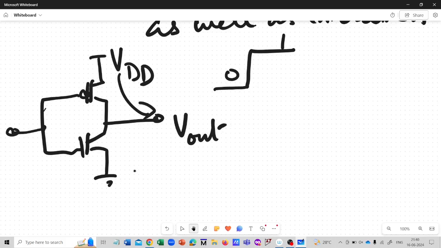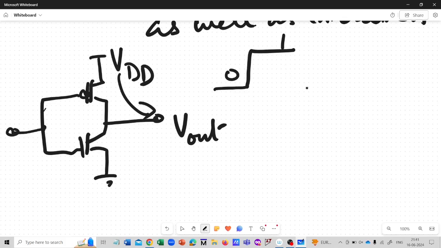This is what happens. Now, when you are switching the input from 0 to 1, there is a transition during which the PMOS eventually goes to off condition and the NMOS becomes on.